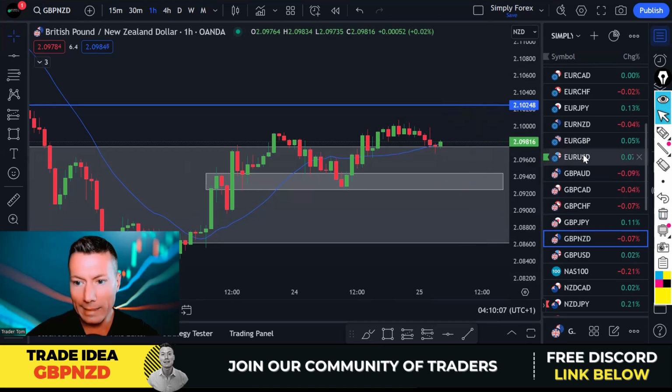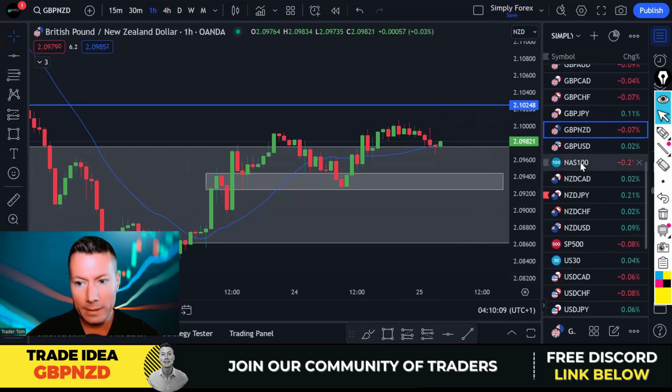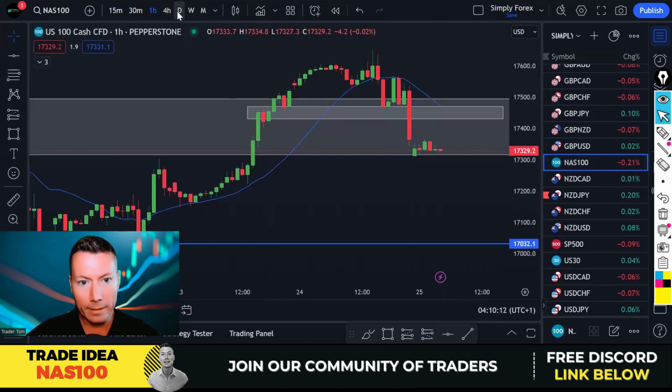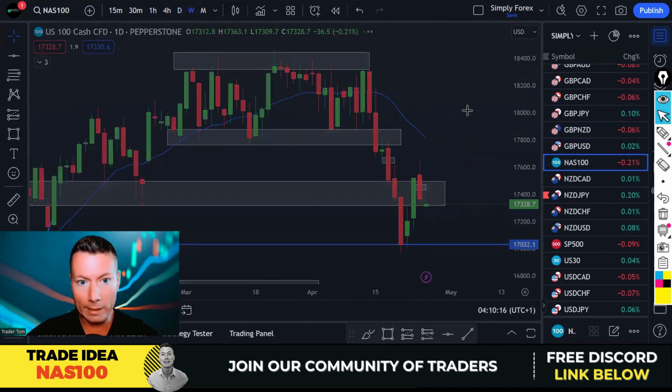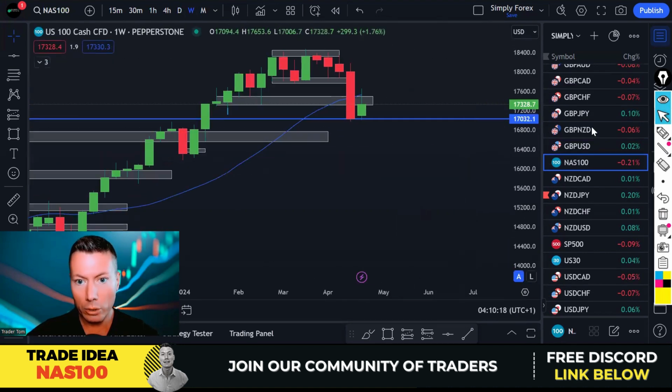And also the NASDAQ, out of all the indices, it looks like a potential sell trade. If you look at the weekly chart, first and foremost, look how bearish that weekly candle is. It does not get more bearish than that. All I'm trying to do is take it back down to the bottom of that candle, but perhaps it could come further.